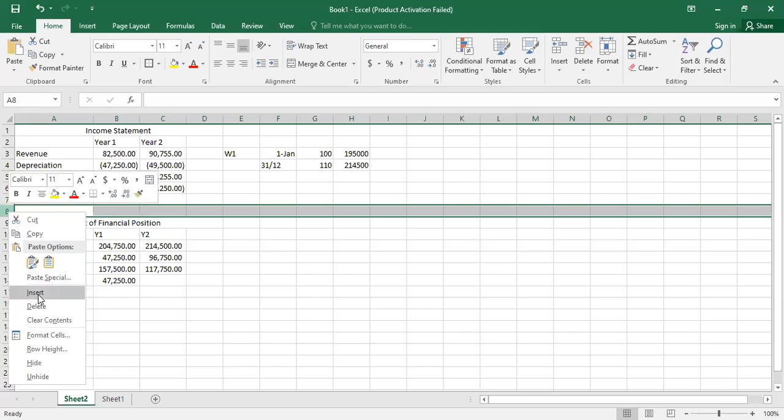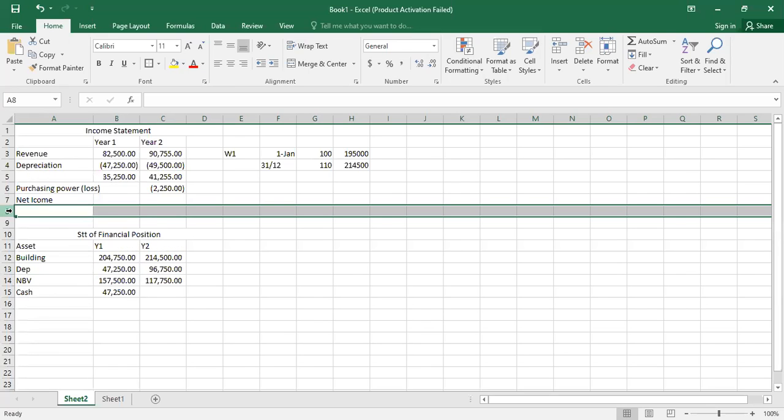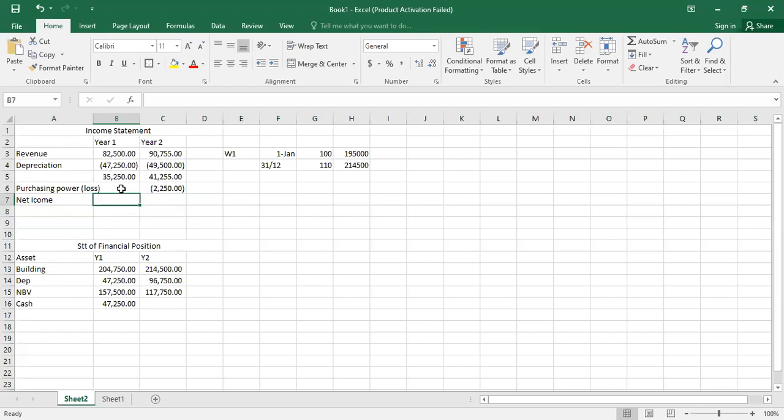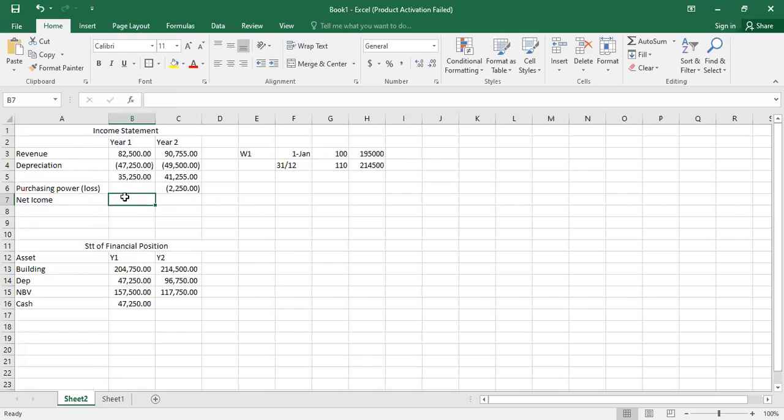Some of the disadvantages of working online, especially for practical subjects like this one. So our net income will be retained. Here I'll still have the 35,250. For the second one, it will be equal to this.